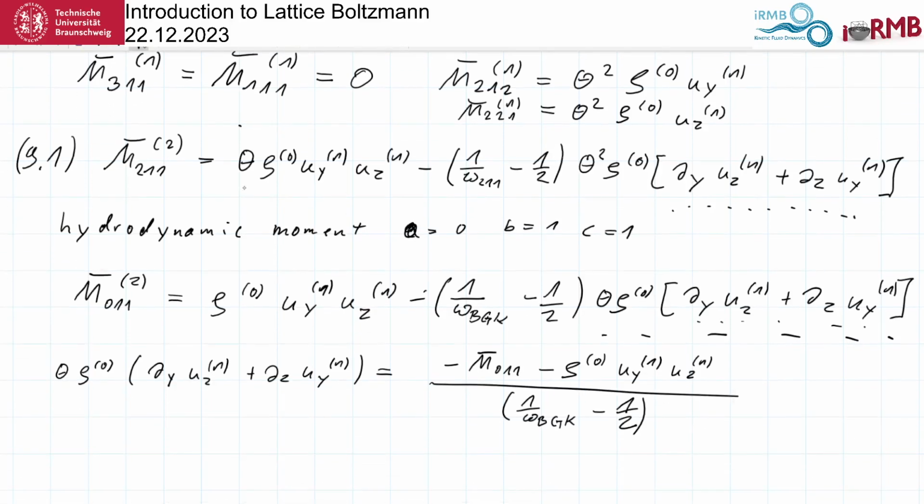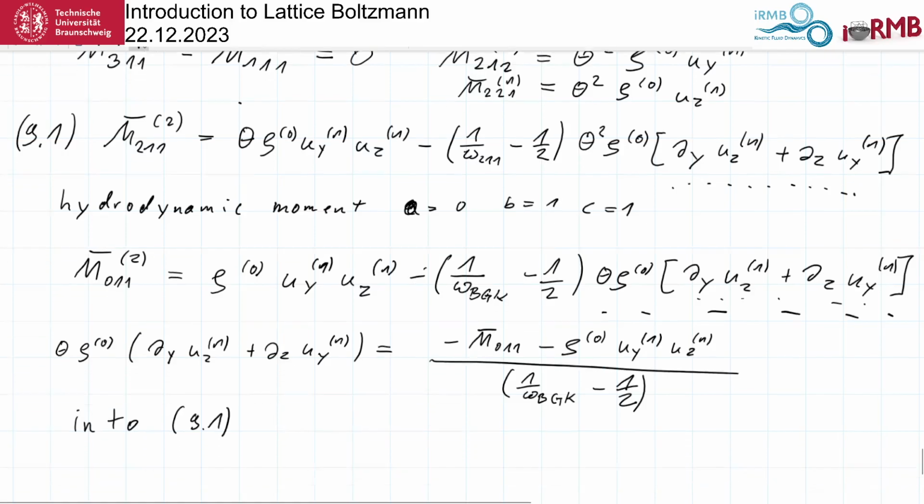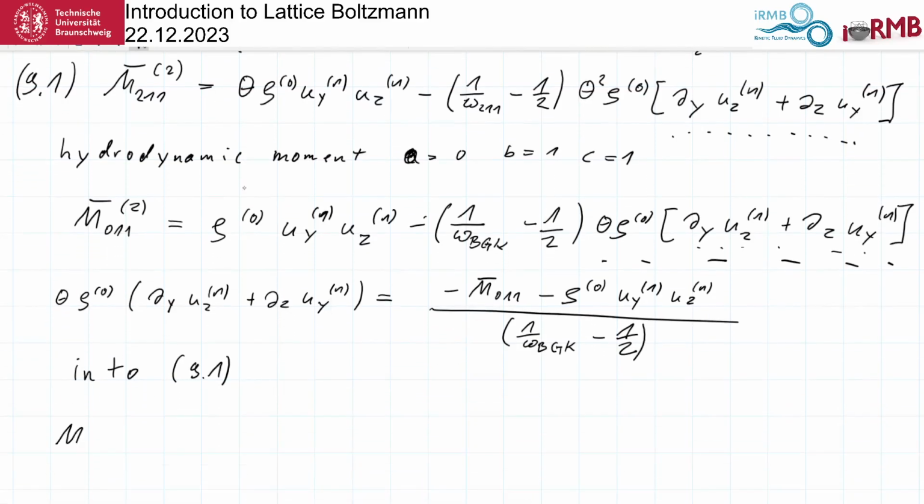And this is something that also appears in equation 9.1. Okay, let's put it into equation 9.1. What happens? So we then have the moment M211 to second order.